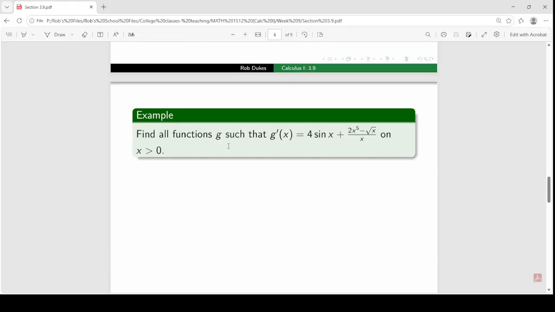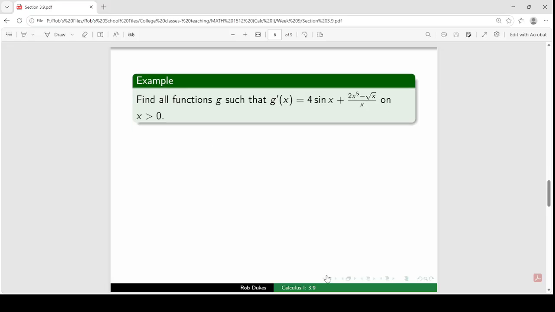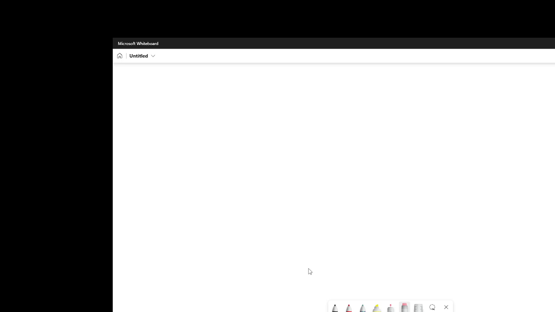let's move on. Let's find any functions g such that g prime of x is 4 sine x plus 2x to the fifth minus root x, all over x, for positive x. So I am going to split that up first. I'm going to split that into 3 functions.